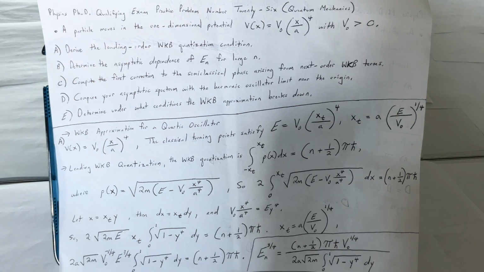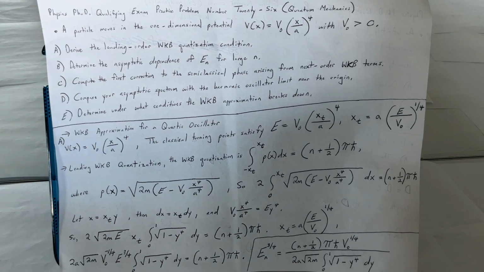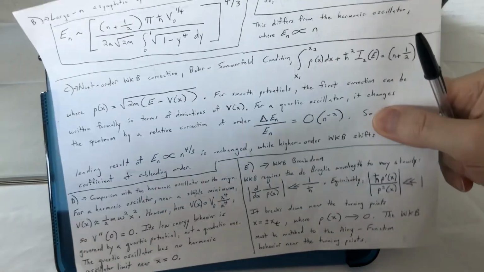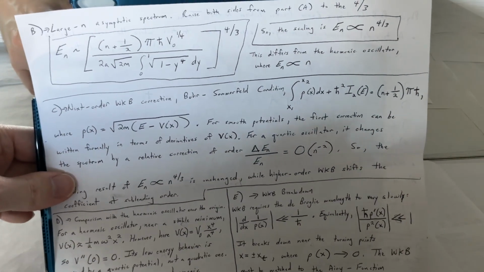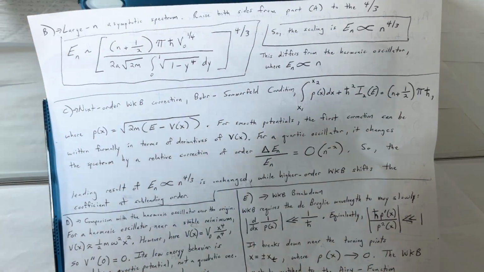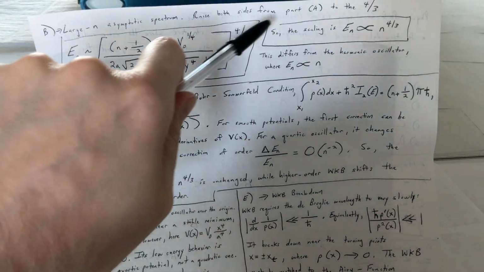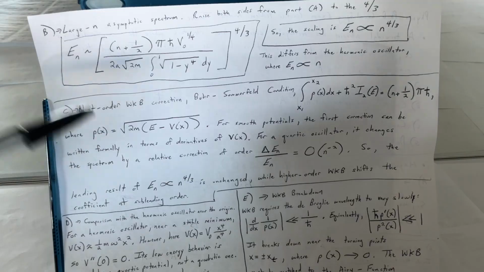For part B, determine the asymptotic dependence of E sub n for large n. So let's see here for part B. For large n here, asymptotic spectrum, raise both sides from part A to the 4/3 power.